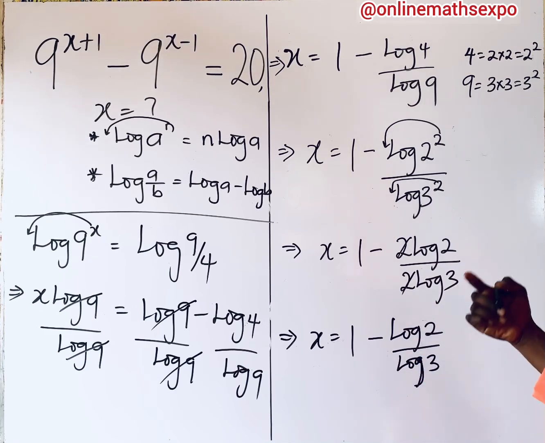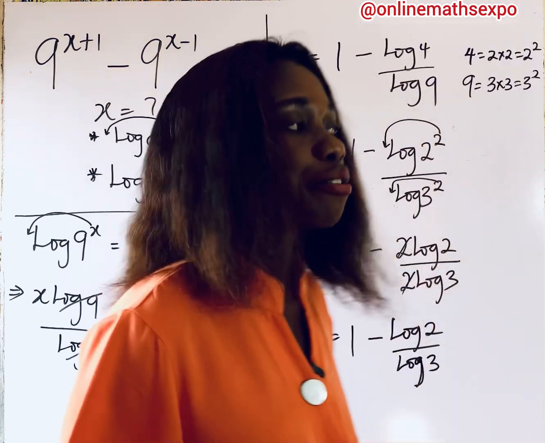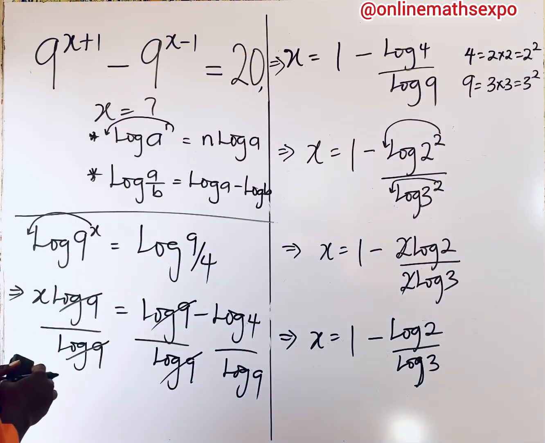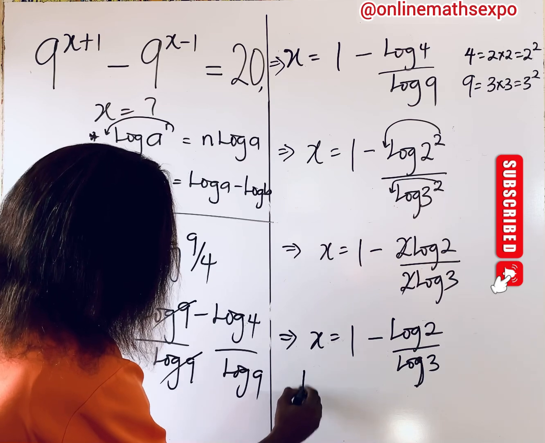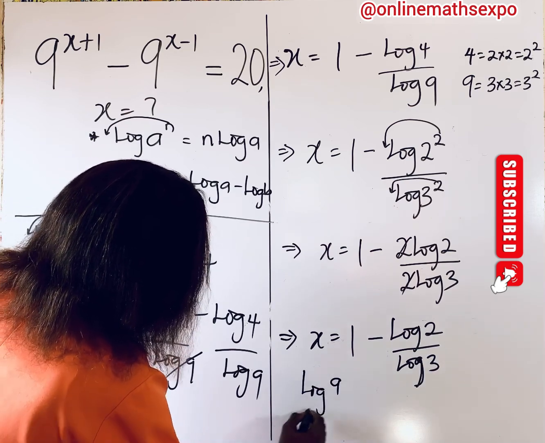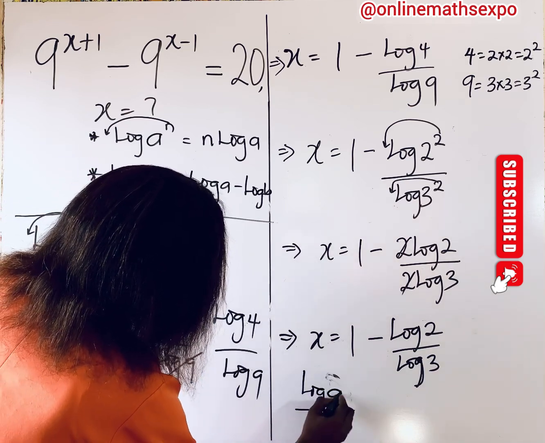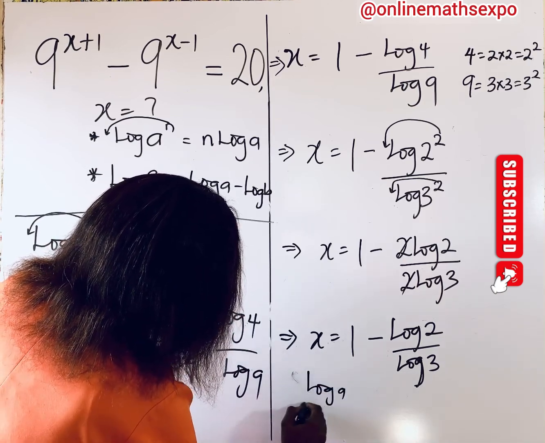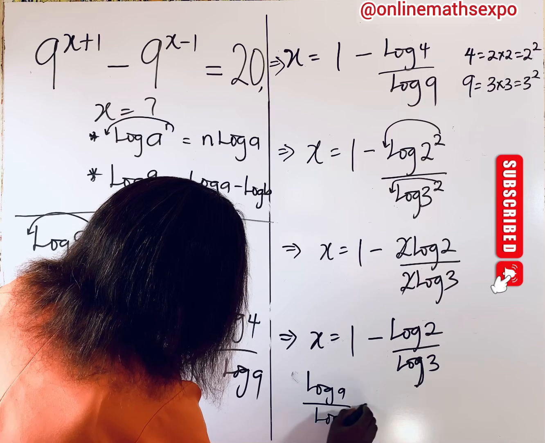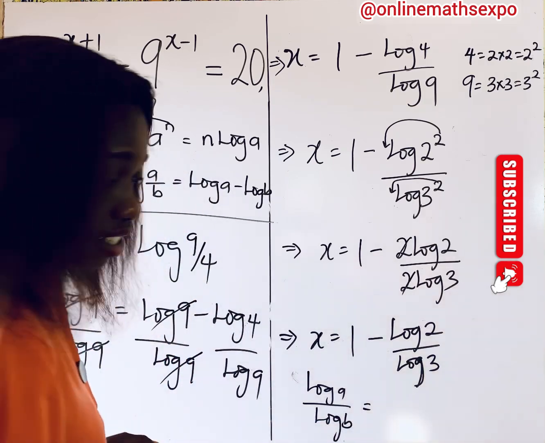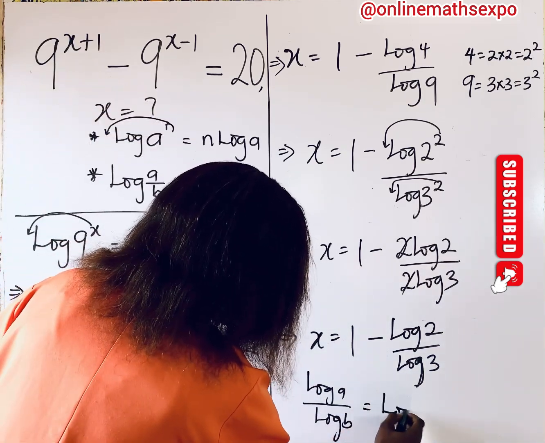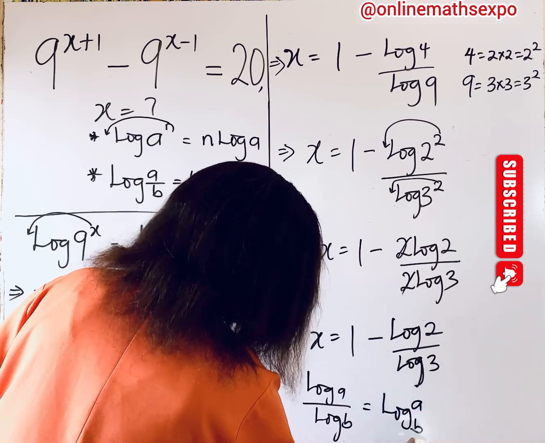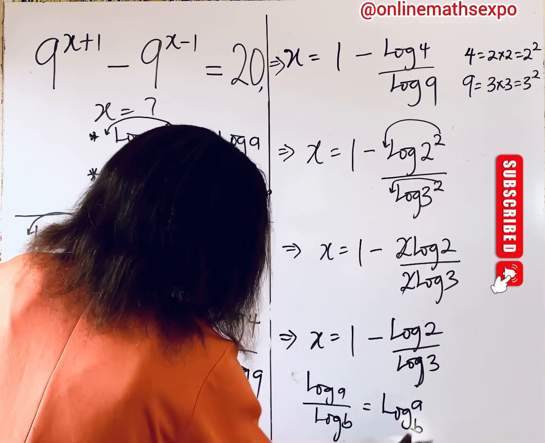Now at this point, there is another rule of logarithm to remember, which says that if you have log A all over log B, we call it change of base. It means you are going to have log A base B. So when you have this, it is the same as this.